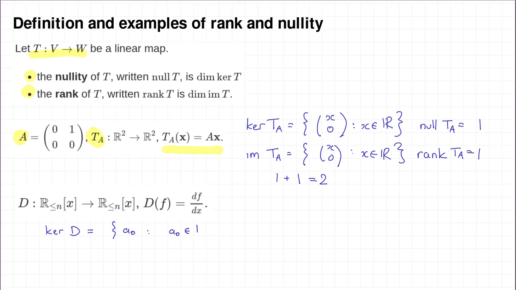I'll write my constant polynomial just as a constant. So this is spanned by the constant polynomial 1, so it has dimension 1, and the nullity of D is equal to 1.